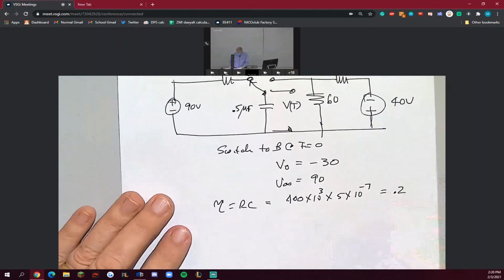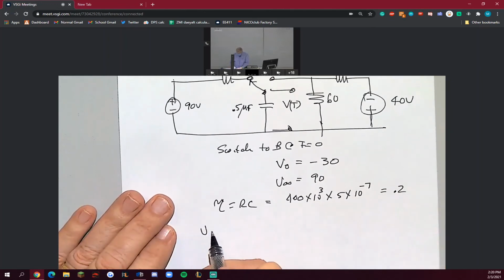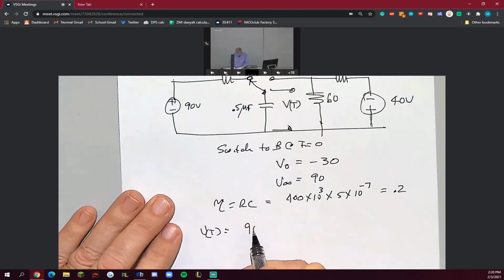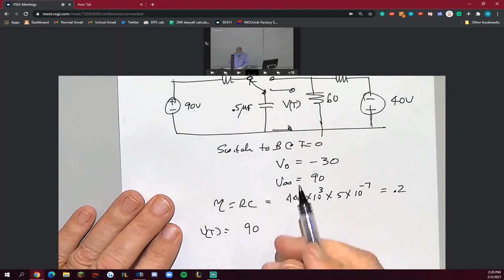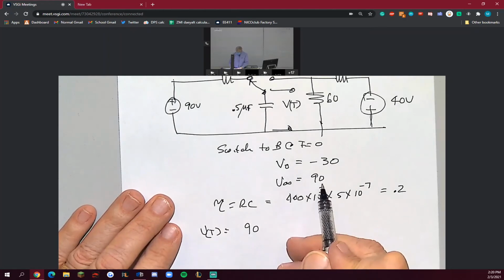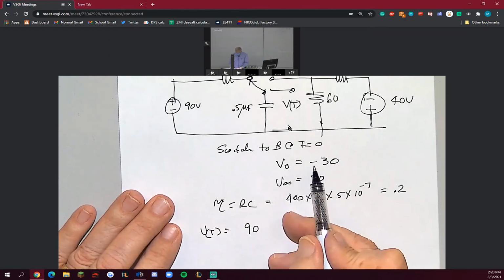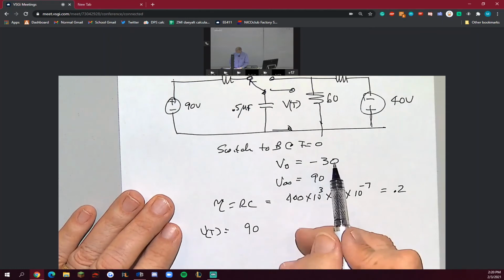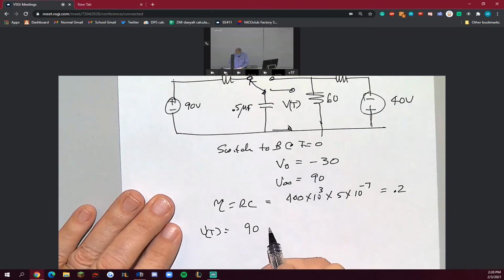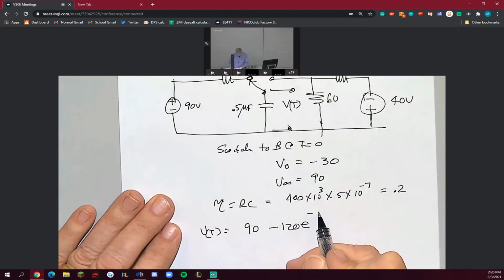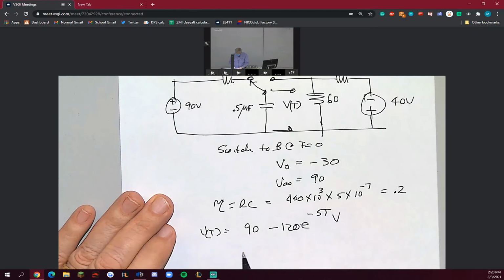Okay, so now we've got what we need. We can say that V of t is equal to V infinity, that's 90, plus V0 minus V infinity. So that's plus minus 30 minus 90, so minus 120 e to the minus 5t volts.